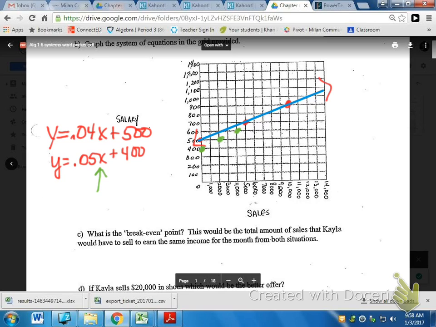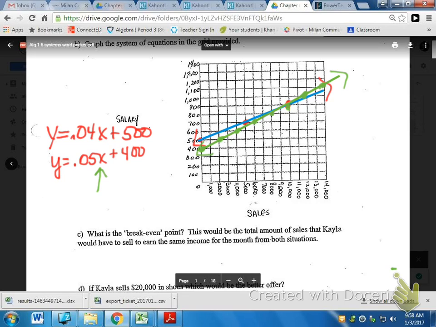Okay, so I'm kind of seeing a pattern. What would 6,000 do then? 700. I'm going to keep going like this, and this might help me make a straighter line. What about 8,000? 800. What about 10,000? 900. I think we found our intersection point, so that's good.